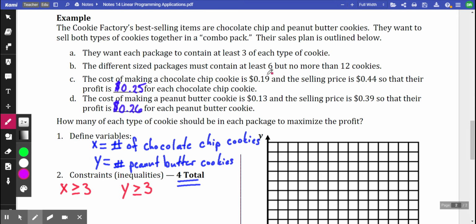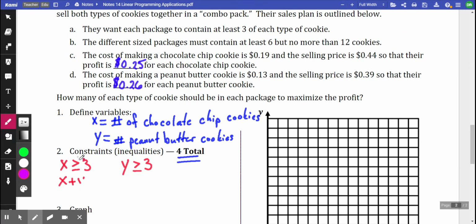Okay, so our constraint for that one is simply going to be X plus Y, your number of chocolate chip combined with your number of peanut butter, should be at least 6 total cookies.